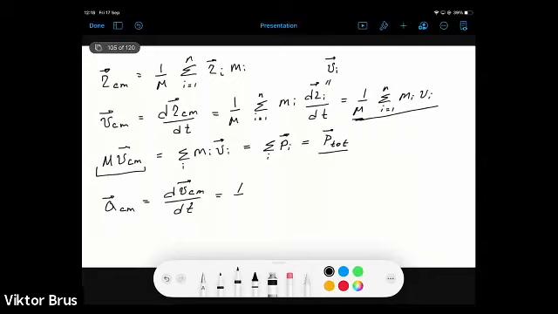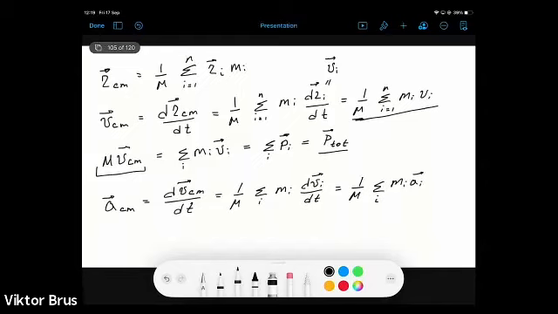So this is 1 over total mass, sum over all bodies in the system, m_i times dv_i vector over dt. And this is 1 over total mass, sum over all bodies, m_i times the a_i vector.